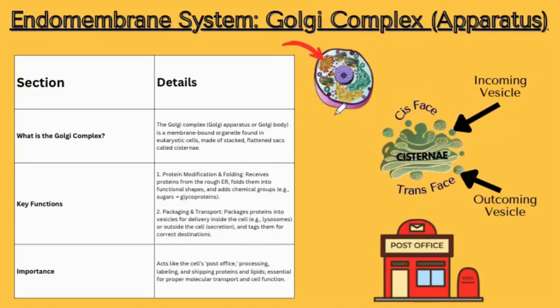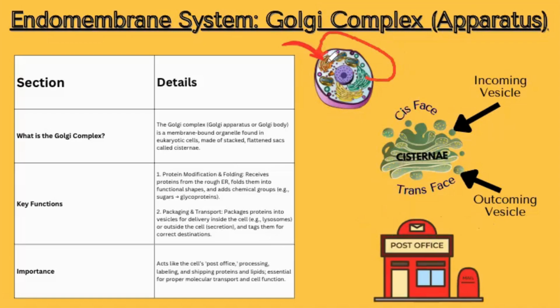The function of the Golgi complex is somewhat like a post office. You want to think of it like a post office in which there are things that need to be shipped in or shipped out. So when you have the Golgi complex, they're going to receive from the rough endoplasmic reticulum various proteins.